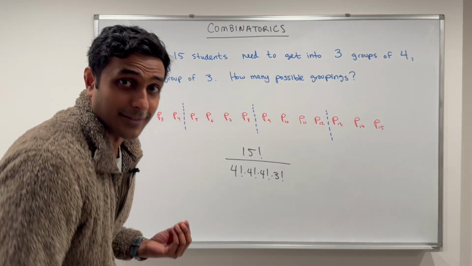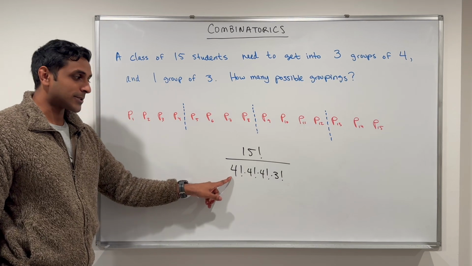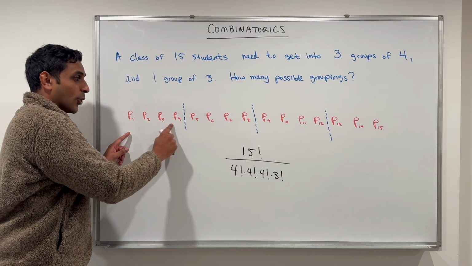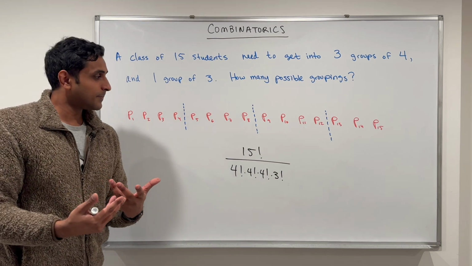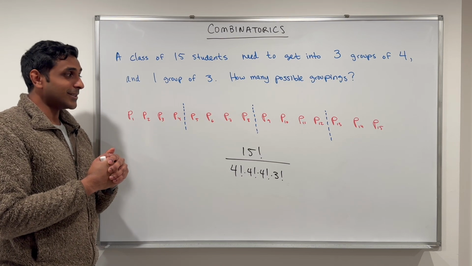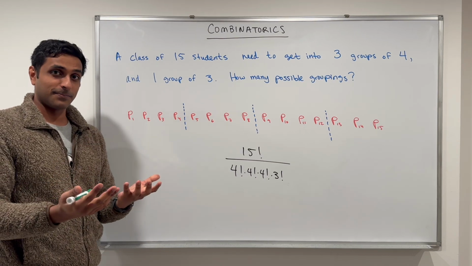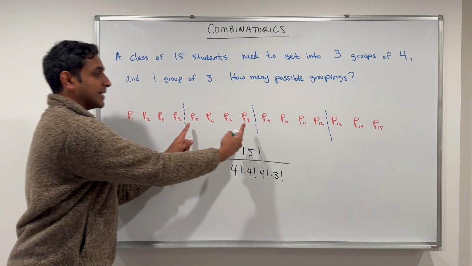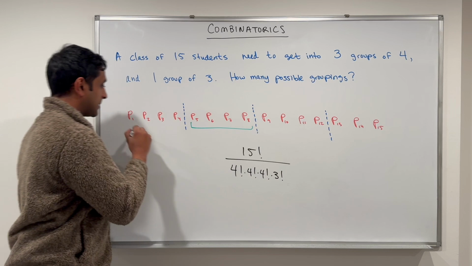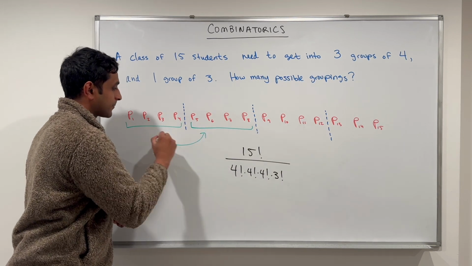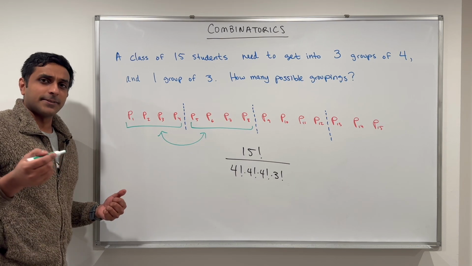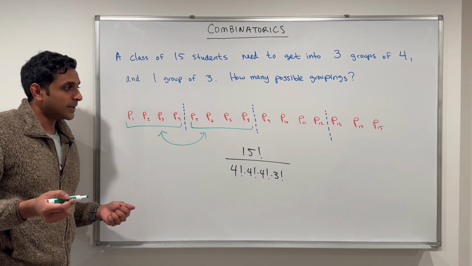And I'm not done, actually, because so far I've accounted for the fact that there's no order within the groups, but right now, there still is order among the groups, meaning if I chose these 4 people first, right? If I just switched these people and these people, that would count as a different permutation, but that is not a different partition.